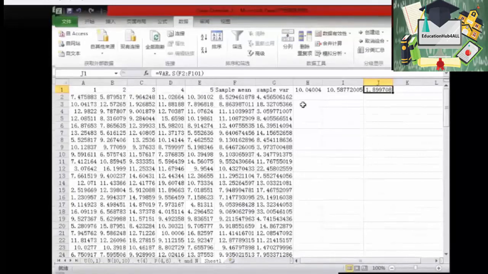So you can continue. Let's draw a frequency distribution, and we can compare it with the theoretical normal distribution to see how well they fit. Let's do it one by one.